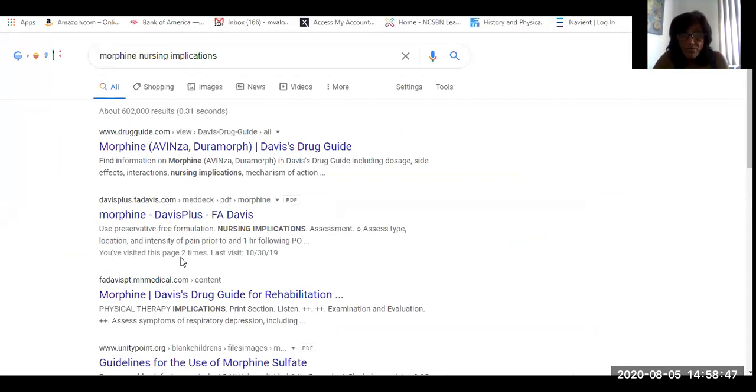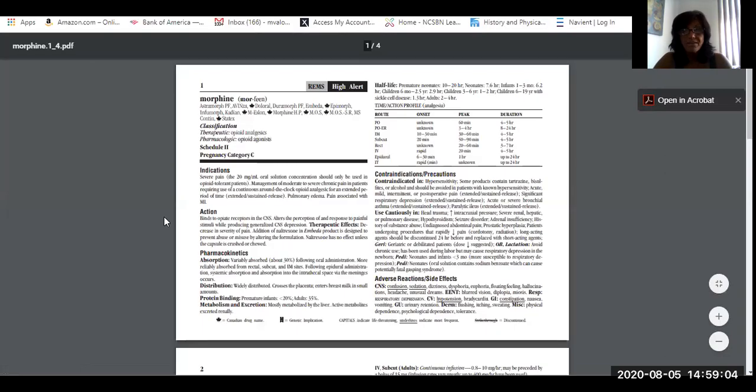You're going to get a lot of results, but the only one that you're looking at is the one that says Davis Plus, fadavis.com, PDF, because that's the actual drug guide. So then you're going to click on it, and it's going to give you the page in the drug book that's the most current. So here we are.